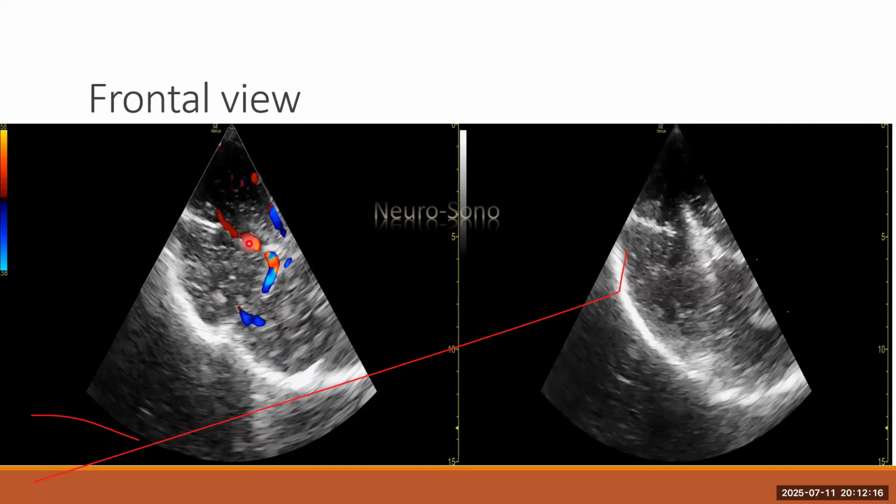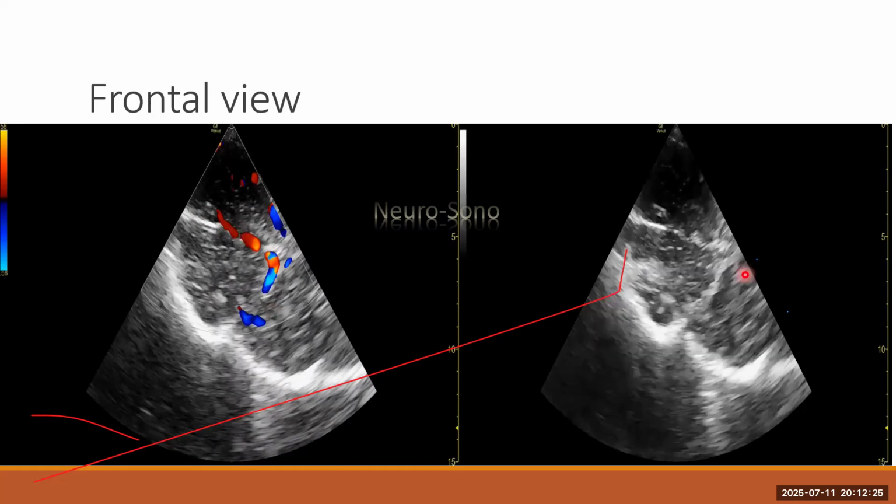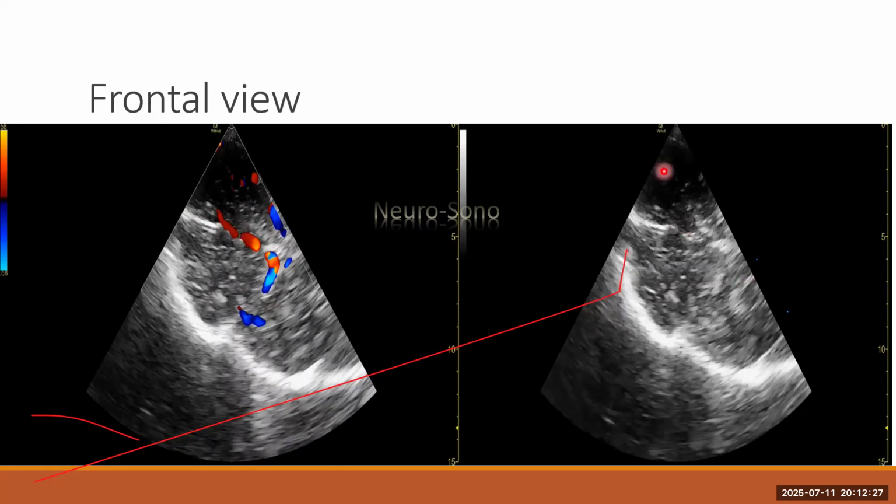Hence, the vessel which is visualized here is the A2, which is coming towards the probe. This was again the same thing, the frontal view. The typical area of insonation is on the supraorbital ridge, sliding somewhere in the circular diameter of 3 to 4 centimeters.